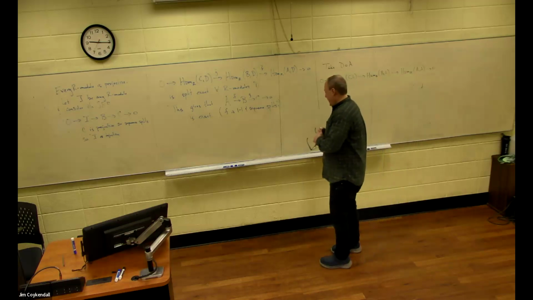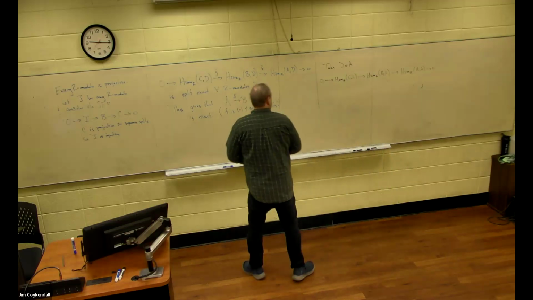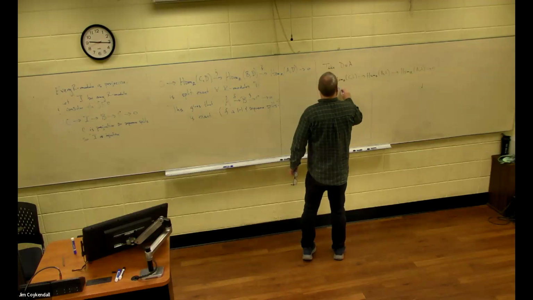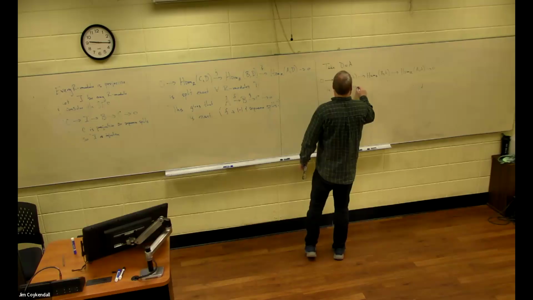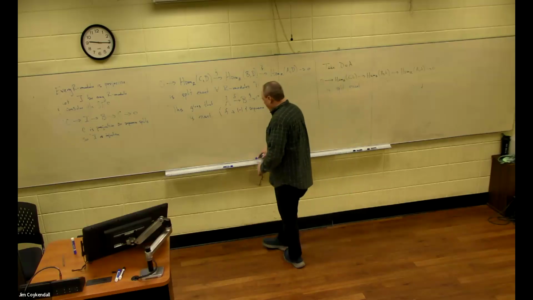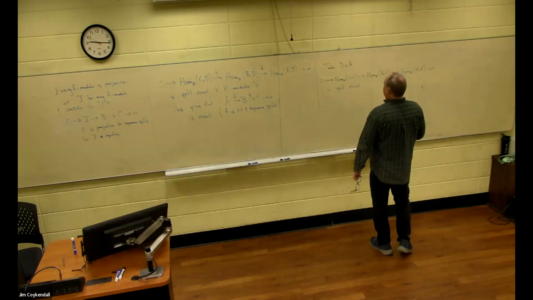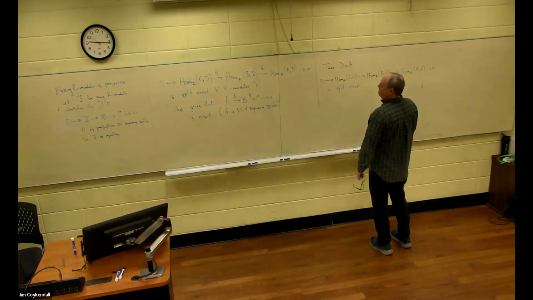This is splitting back. Let's call this F bar, and it's got a splitting K bar that goes back here.